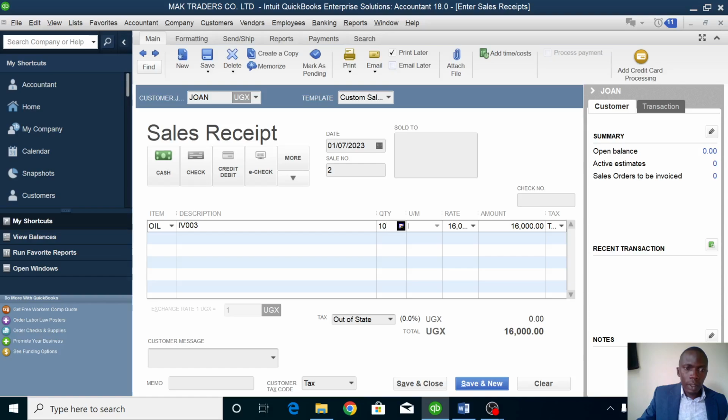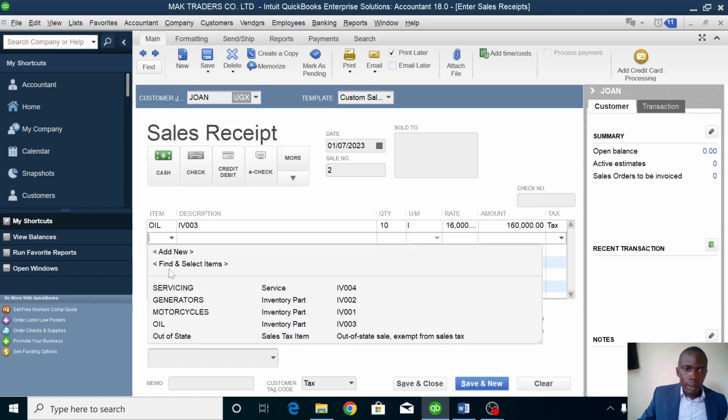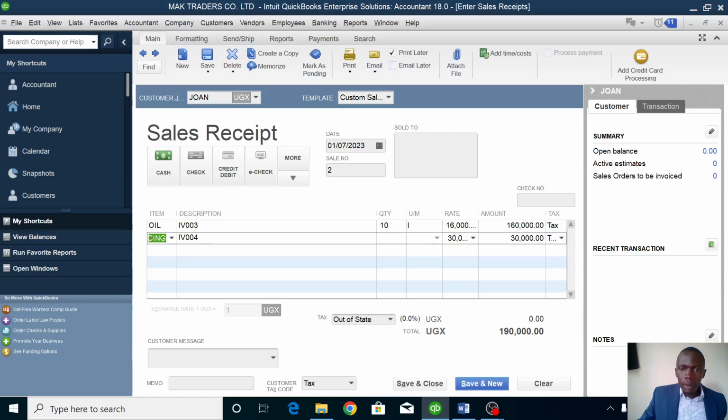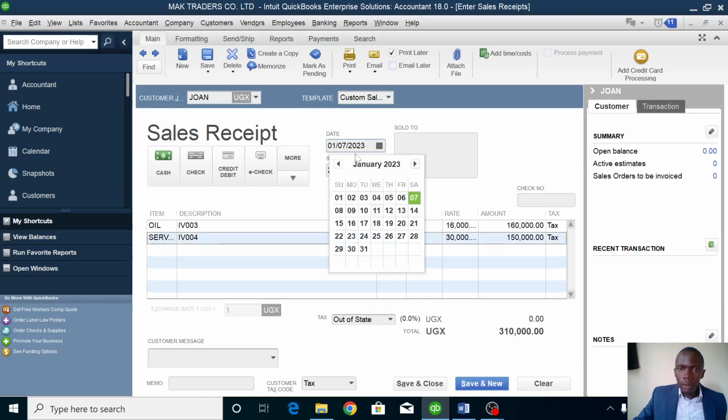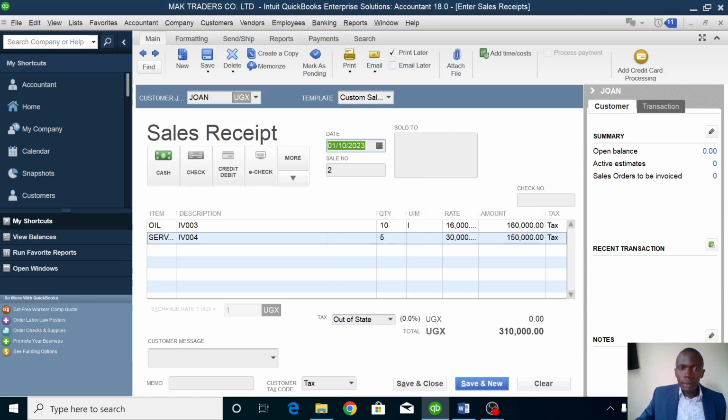Then we have another item which is servicing. Serviced 5 generators. So here we have obtained the date. The date is on 10th. So we save and close.